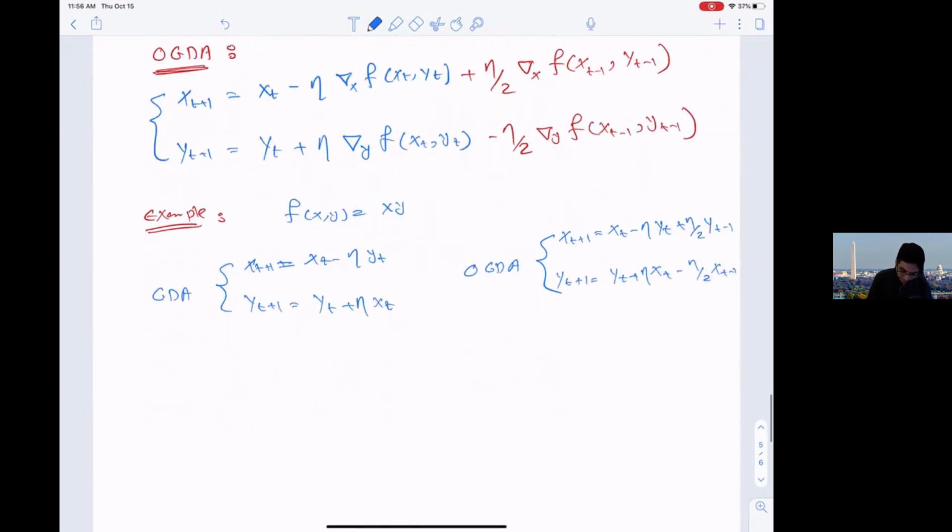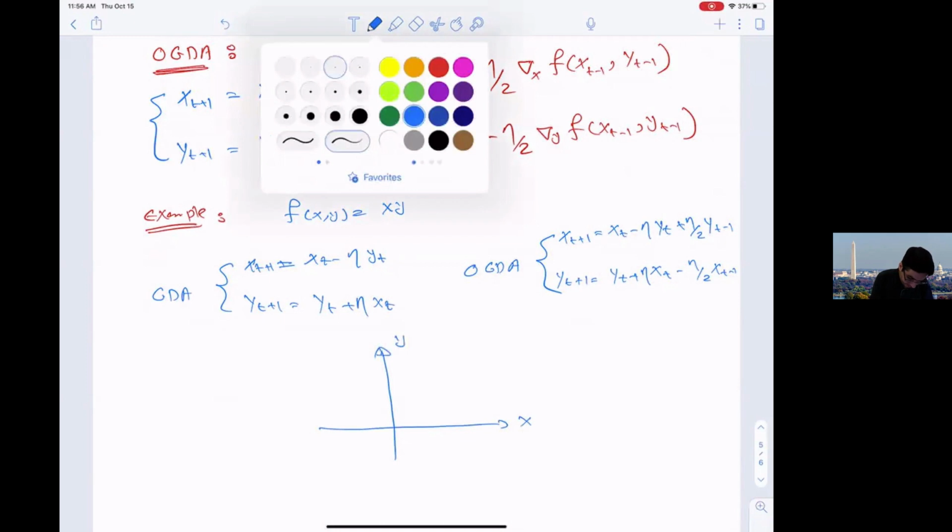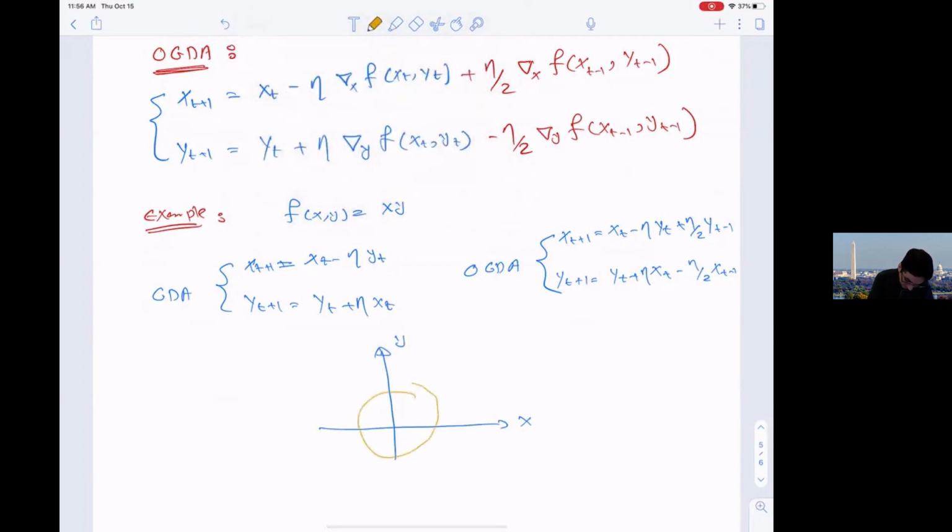So if you plot the dynamics of gradient descent versus optimistic gradient descent, remember in gradient descent we had this case, right? So we diverge. That's the dynamics of simultaneous gradient descent ascent.